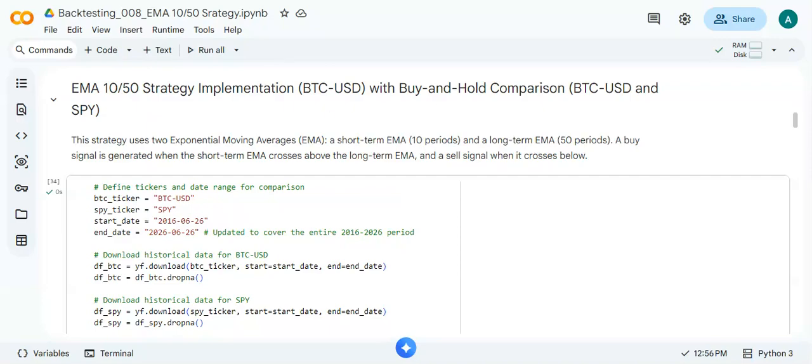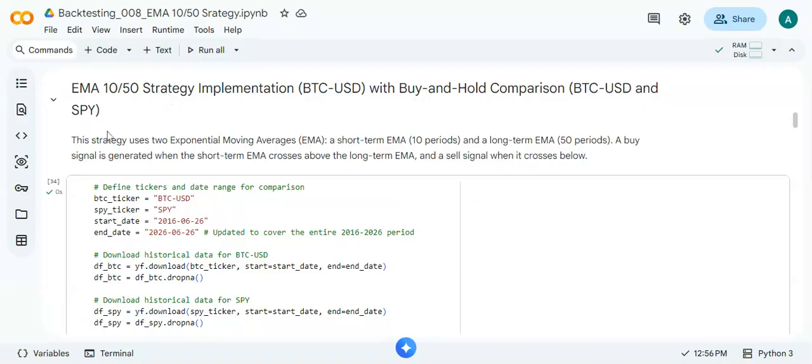Yeah, and in this video we will also compare what happens if we just buy and hold Bitcoin for this 10-year period of 2016 to 2026, and as well what will happen if we implement the strategy and compare it with S&P 500 buy and hold.